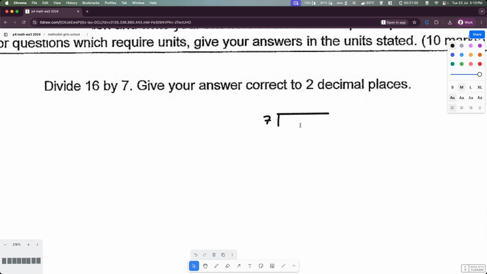It should be 16. Okay, so over here, what we can do is we can minus, what's the multiple of 7 that is closest to 16? 14, right? So how we get 14 is we multiply by 2. Okay, in this case. Whoops, why is it like that? Okay, so we will have 2 over here.